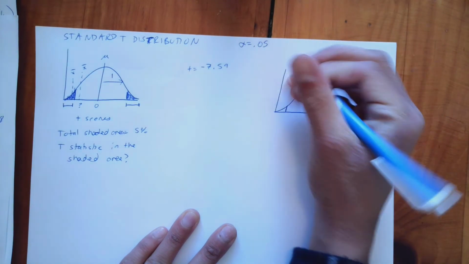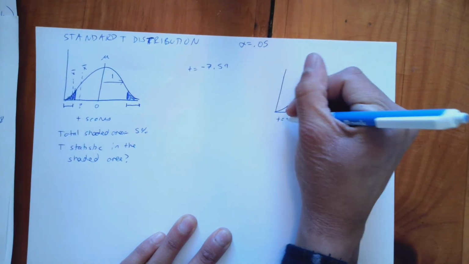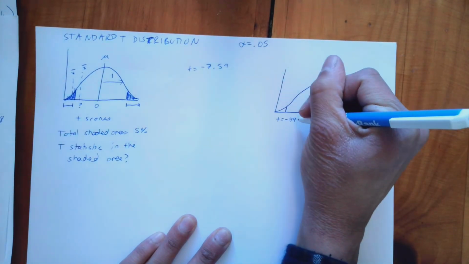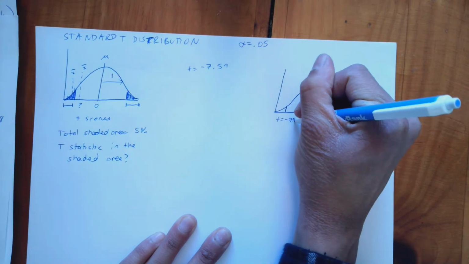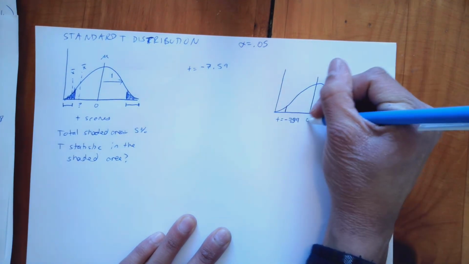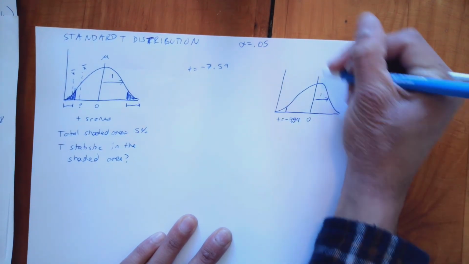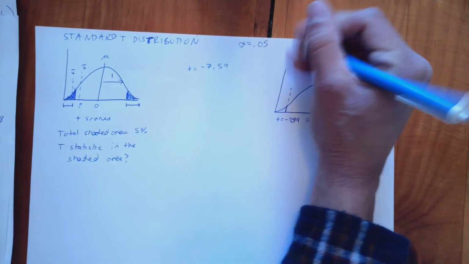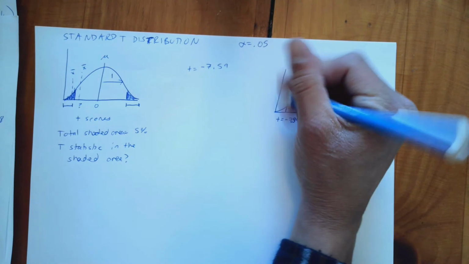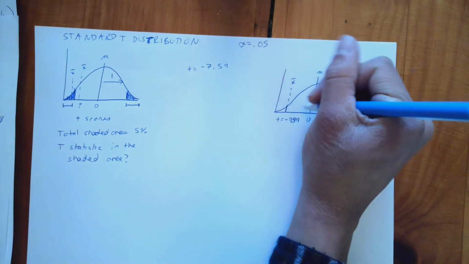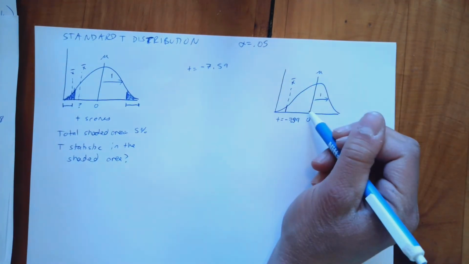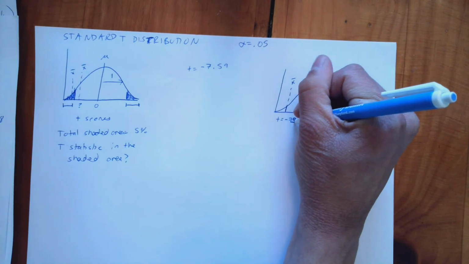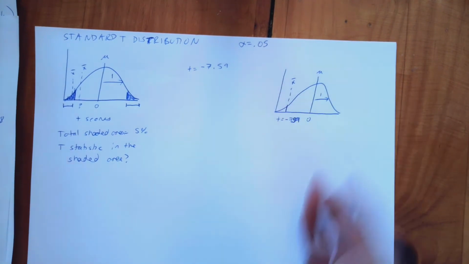And what a p-value does is start with your t-statistic. So we have a t-statistic of negative 7.59 on our standard distribution here. And so this is x bar, and this lands at 7.59. So we're 7.59 standard errors away from the mean going in a negative direction.